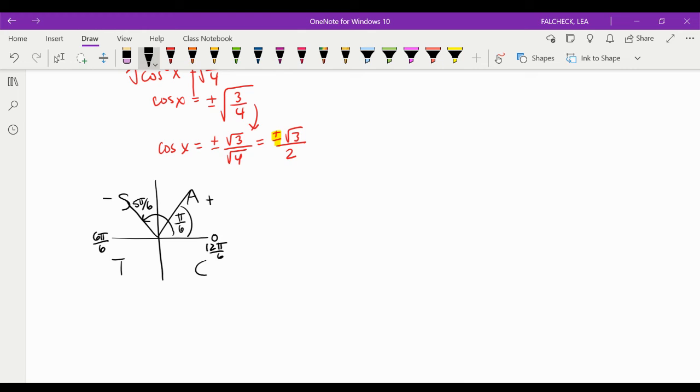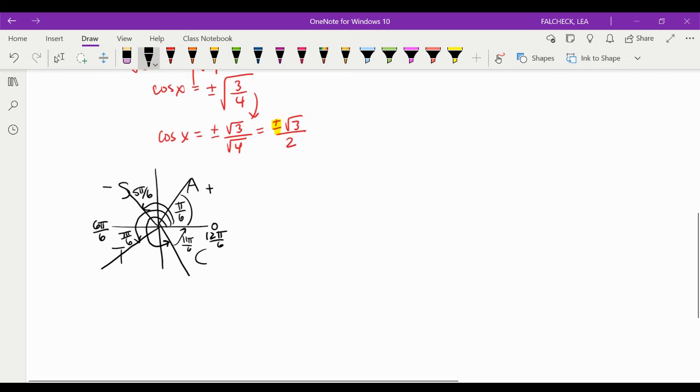So in the third quadrant, it will be 1 more than 6 pi over 6. It'll be 7 pi over 6 because I'm going back up to the x-axis, right, for the reference angle. And then in the fourth quadrant, it would be 11 pi over 6 because I'm going just one increment back up to get to 12 pi over 6, okay?